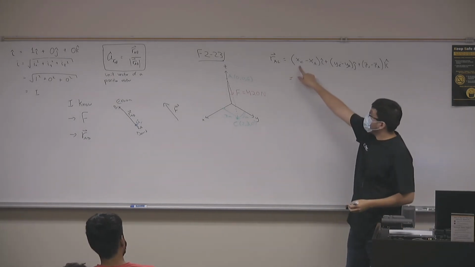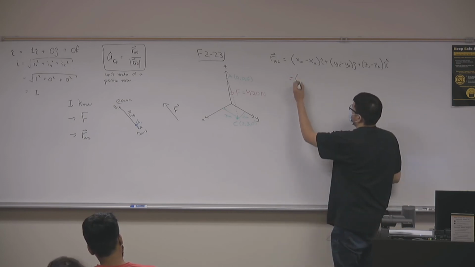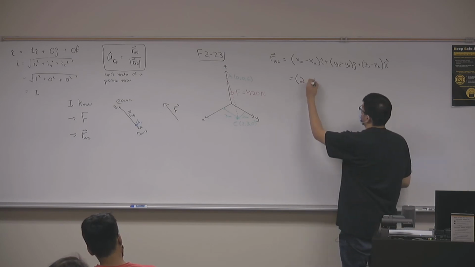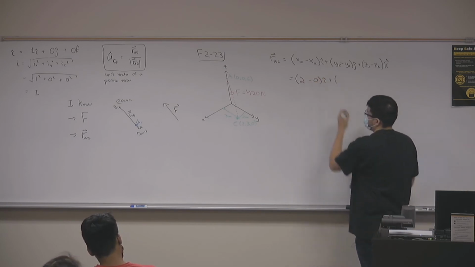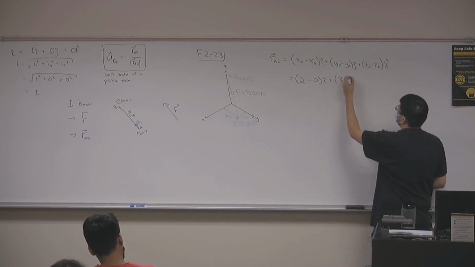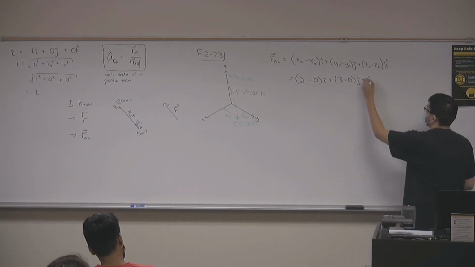What's the x coordinate of point C? 2. What's the x coordinate of point A? We can do the same thing for y, 3 minus 0. What's the z coordinate of point C? Good.